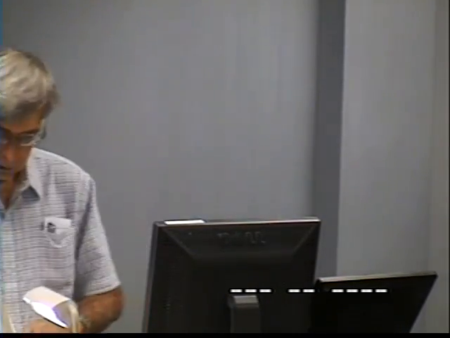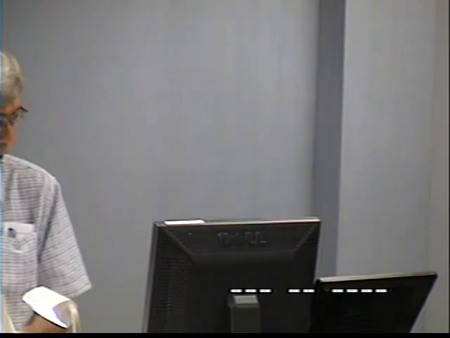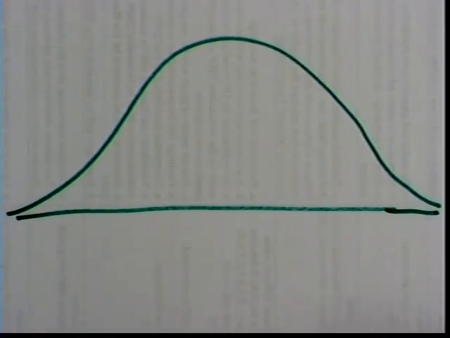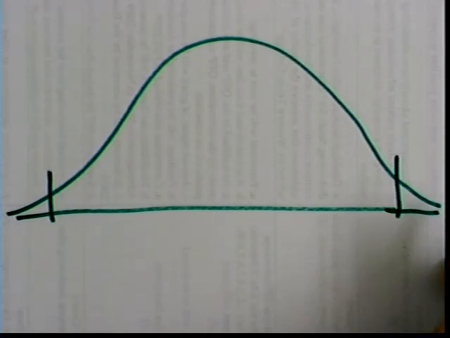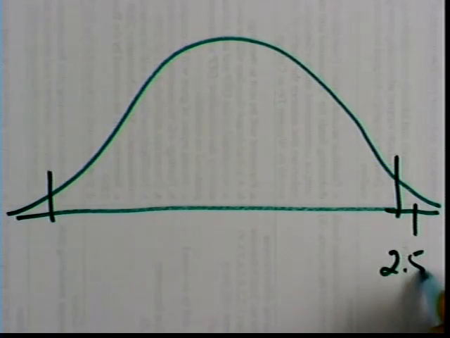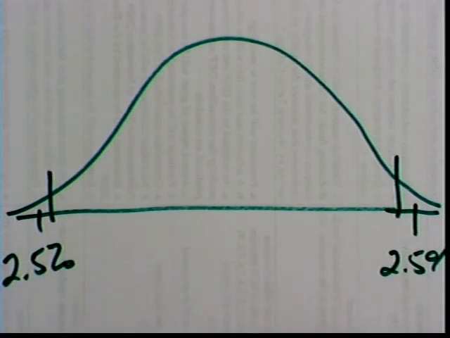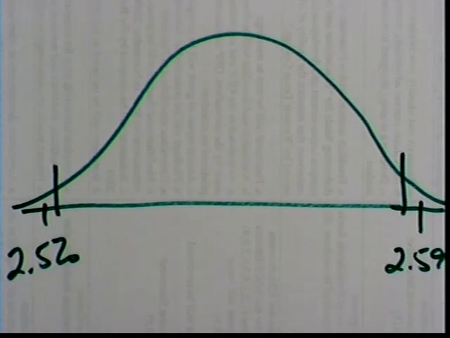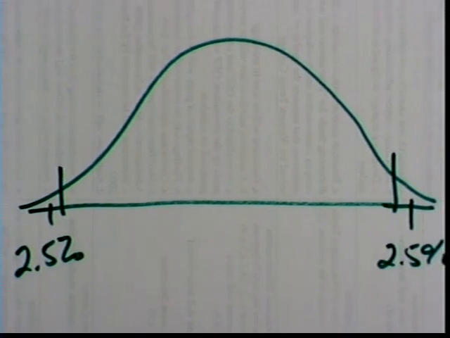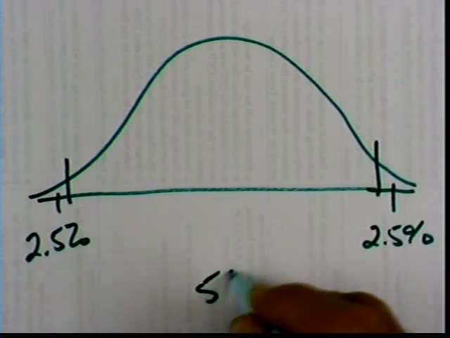The other thing that I want to make mention of at this point is something that we mentioned in the last one, the bell-shaped curve. A lot of times what we're going to do is say that anything that's out here in the tails, about 2.5% of the time over here and 2.5% of the time out here, add those together, that's going to be 5% of the time.